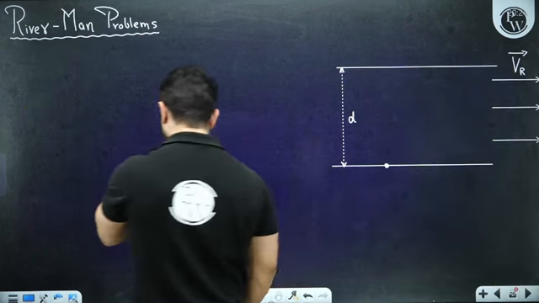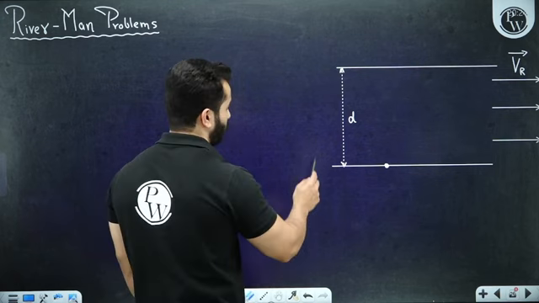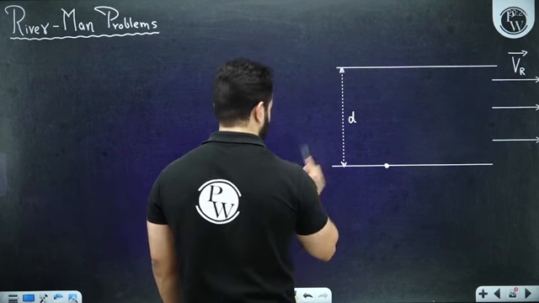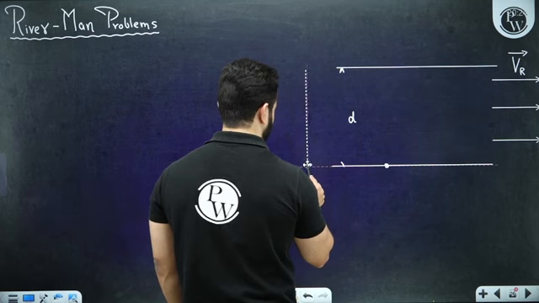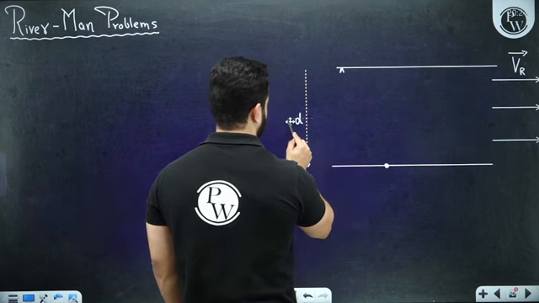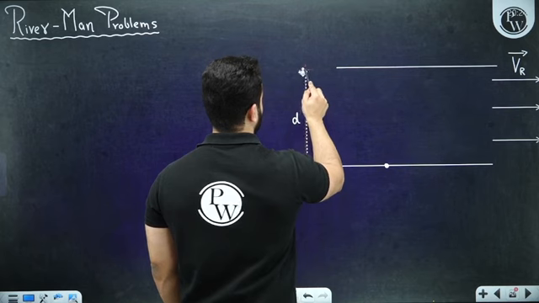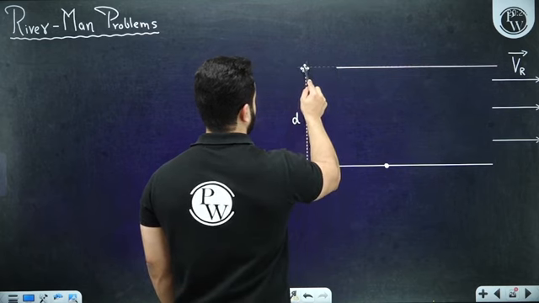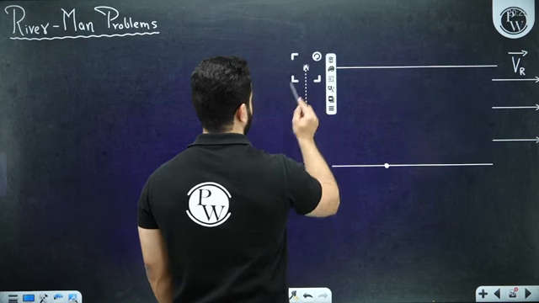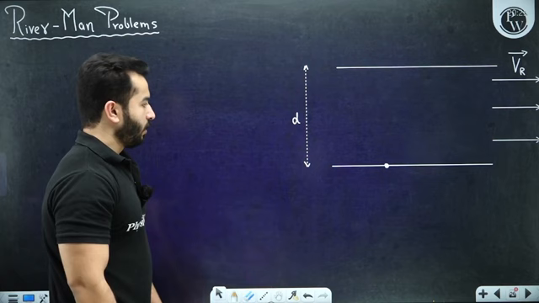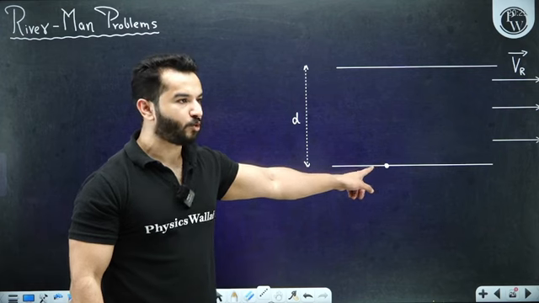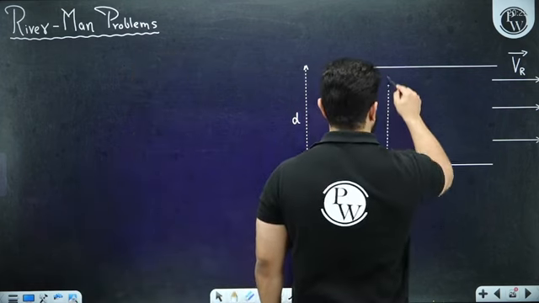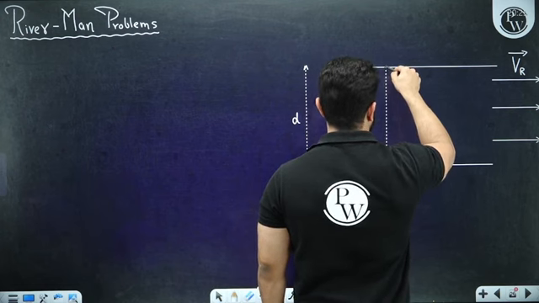Now please try to understand. To reduce confusion, I'll draw it over here. I'm saying that the person is trying to start to swim from this point, and I'm drawing a vertical axis just so that we can play with the components easily.